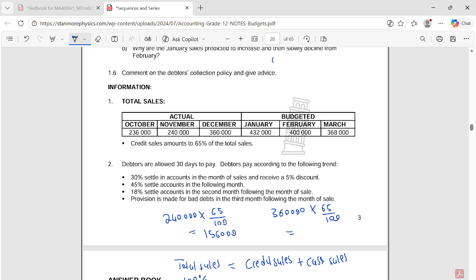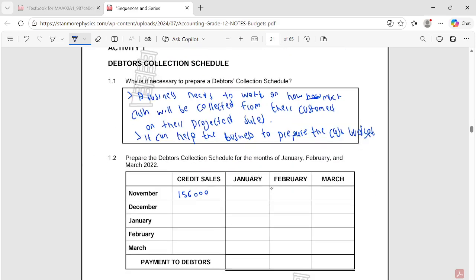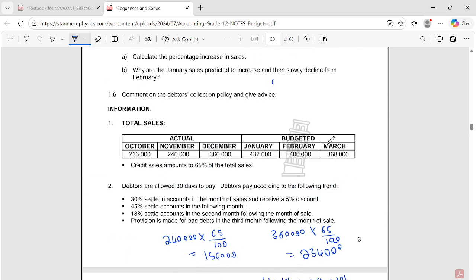I'm getting 234,000. These are the credit sales for December, 234,000. Now let me calculate January and February.